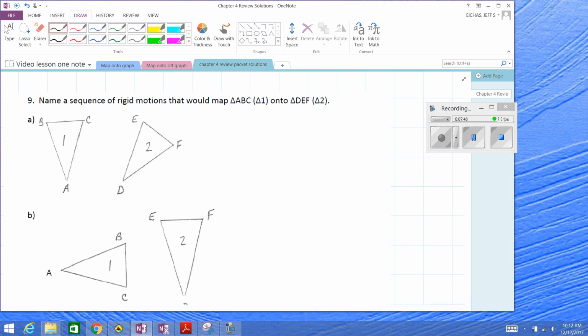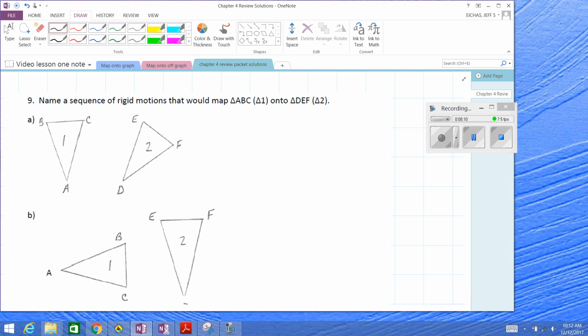All right, name the sequence of rigid motion transformations that would map triangle ABC onto DEF. Now, there's always difficulty with these. You got to be really careful to not assume just because it looks like it would map in one move. You can't assume that.